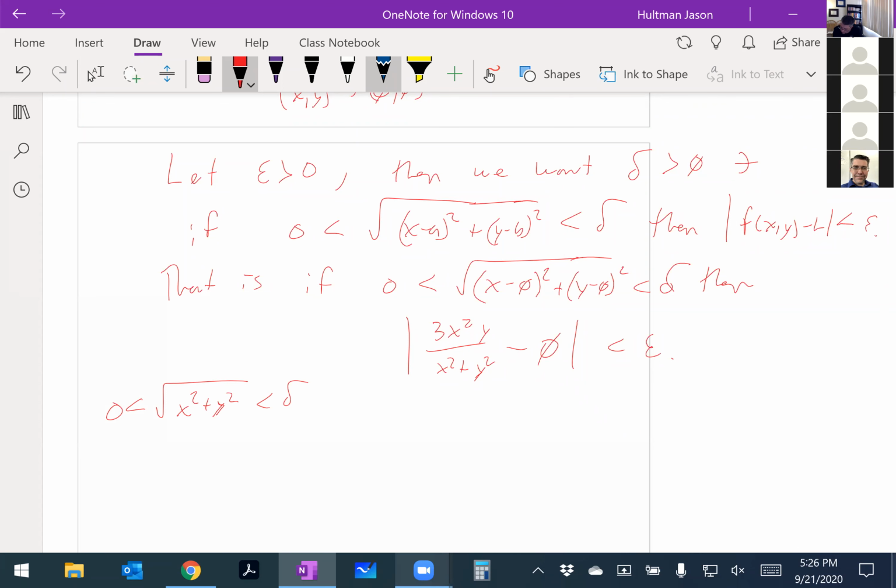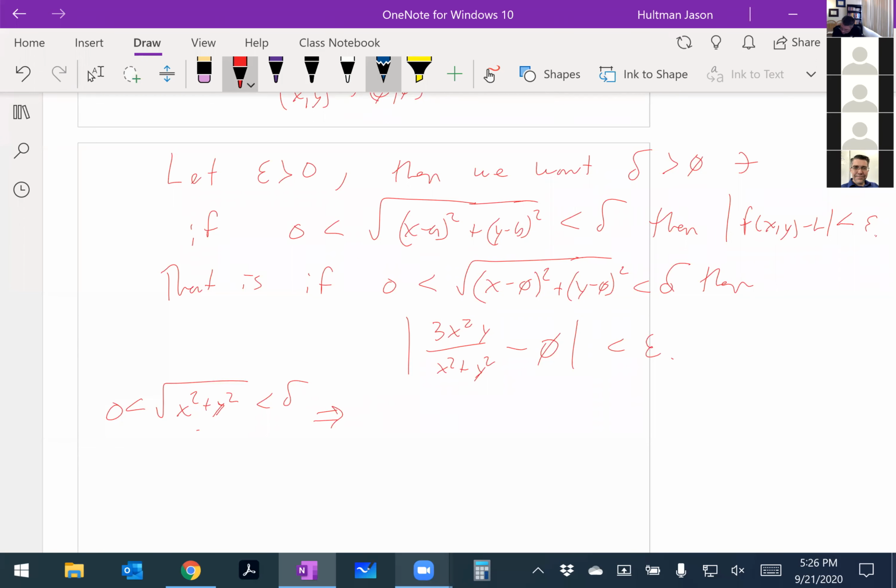This arrow just means implies. I don't know if you've seen this before. This is your if and then, right? If implies then. That's just an arrow. That means implies. Symbolic logic.